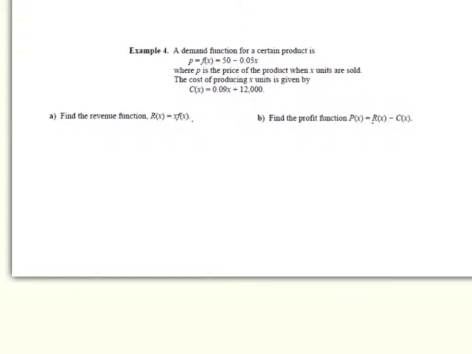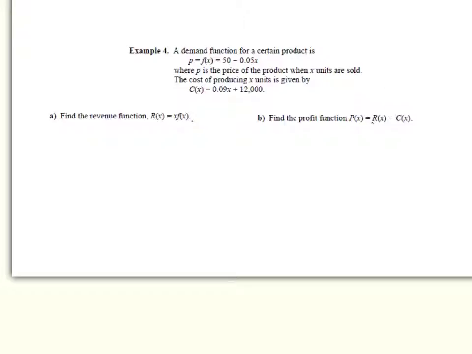Okay, for this next part, basically what we have is we're trying to find what our profit function is. So basically we need to know how much it costs to actually produce it, and then we're going to find out how much it takes as pure profit, and we'll just subtract the difference.